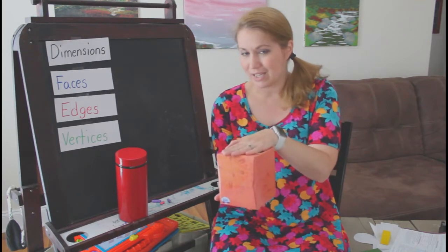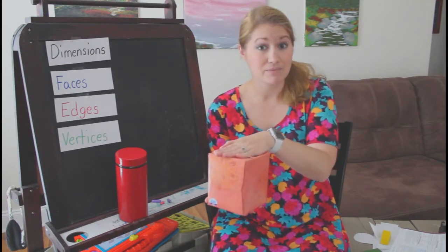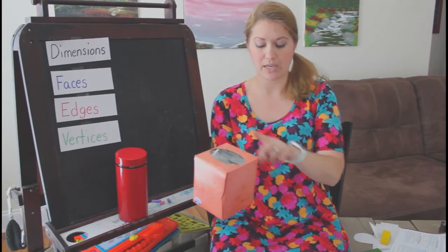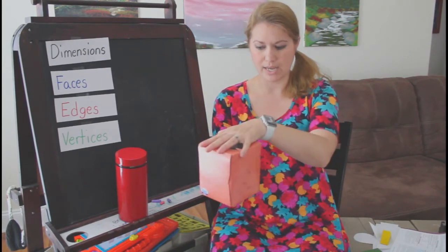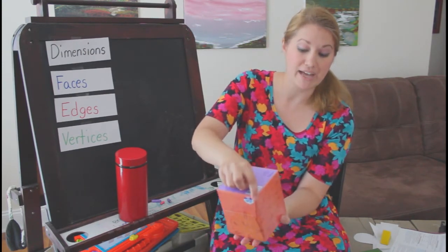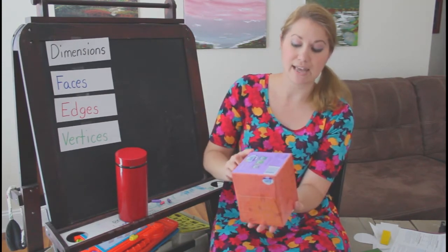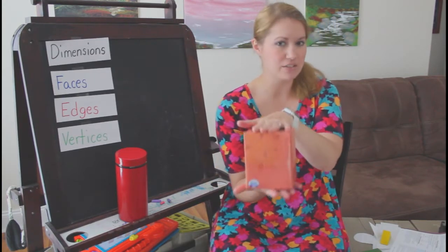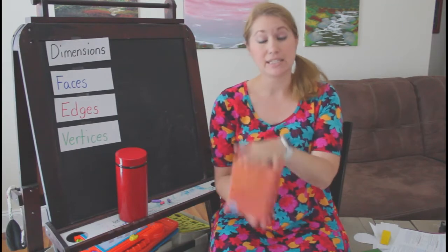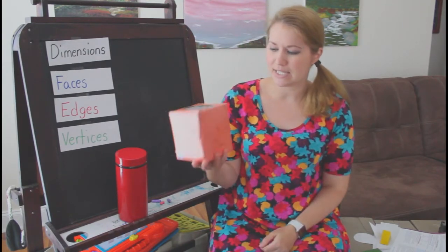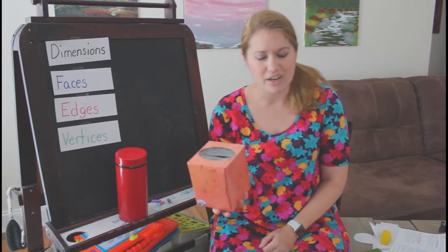How many vertices are there? We've got 1, 2, 3, 4 on this side. Then we have 5, 6, 7, 8 from this side. So there are 8 vertices on this. And how many faces do we say? 6 faces. Now let's see about how many edges are there.